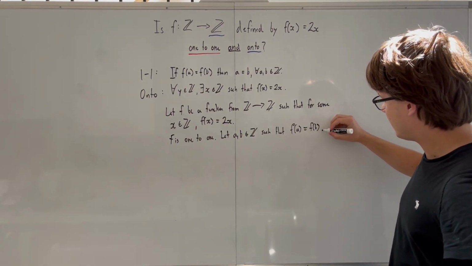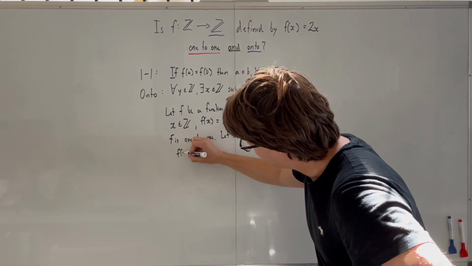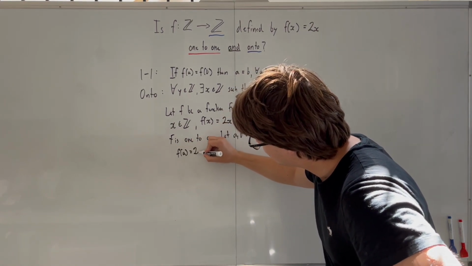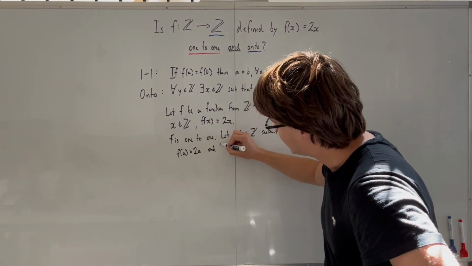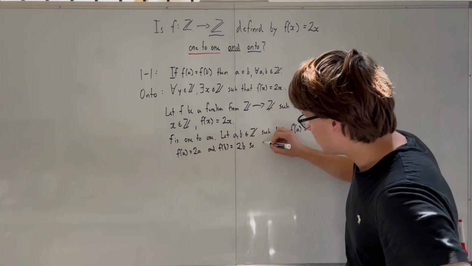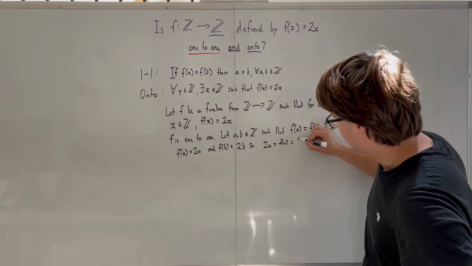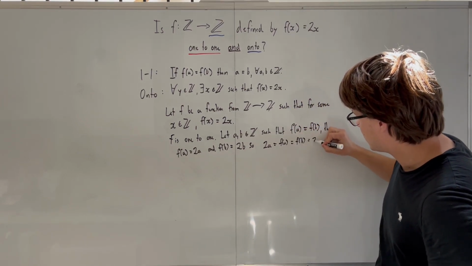So then what are we saying? We're saying then f of a is equal to 2 times a, and f of b is equal to 2 times b. So 2a is equal to f of a, which is equal to f of b, which is equal to 2b.